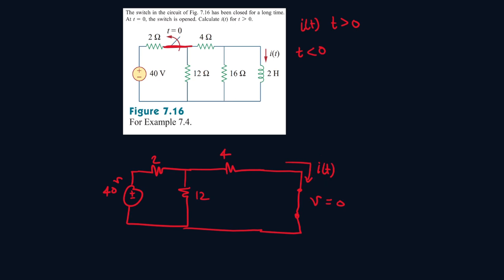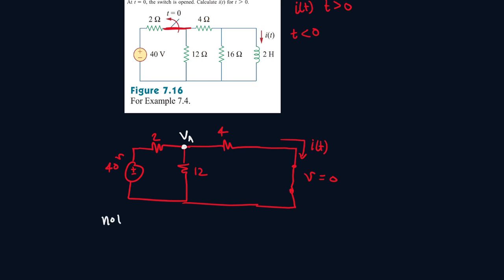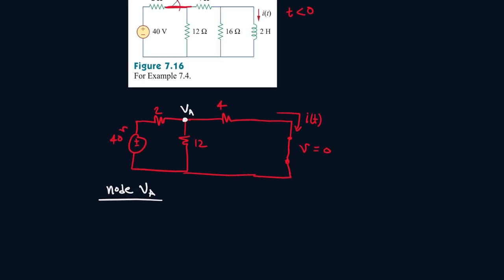Okay, so let's do node analysis. Let's call this node VA. There's the current passing through here, it'll be I at t less than 0.